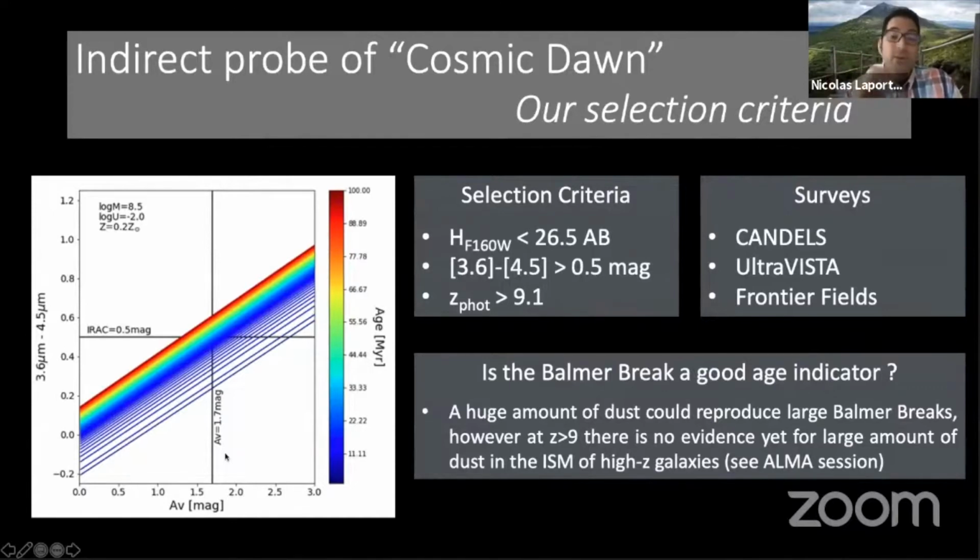And so far, we don't have any evidence that in these galaxies at very high redshift, redshift 8, 9, 10, these galaxies host a huge amount of dust. We have some examples of galaxies with dust, but this is not the global property of the population at very high redshift. So I think at very high redshift, constraining the size of the Balmer break is a good method to determine the age of a galaxy.